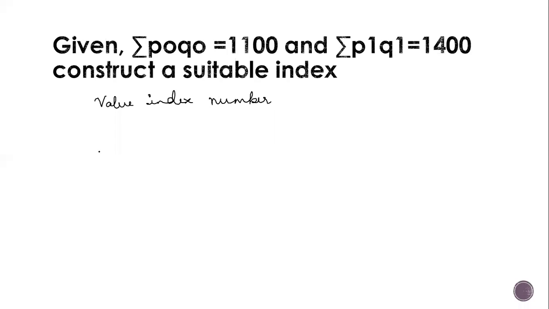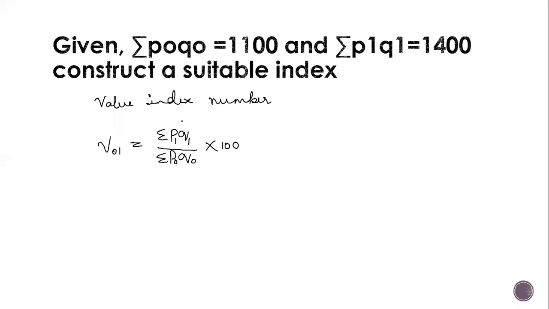You will apply value index number. So what is the formula? Value of the base and the current year is equal to, as they have given us like this, we will write it in a similar way: summation price of the current into the quantity of the current, divided by summation price of the base into the quantity of the base, into 100.